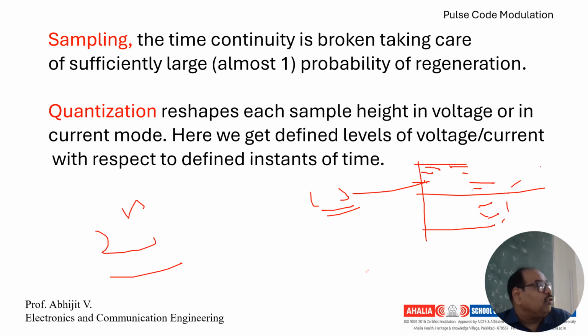I am dividing this into 4 points, for example: 1, 2, 3, and one more point you can use here. Let me denote this point by 0 0. Let me denote this point by 0 1. Let me denote this point by 1 1, for example. And let me denote this point by 1 0, for example.